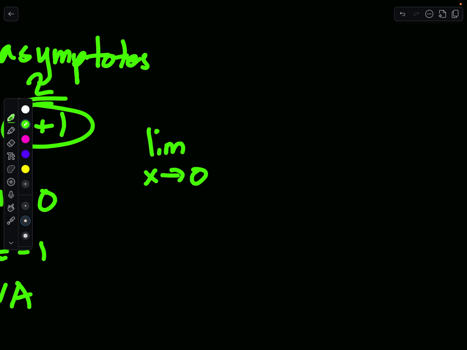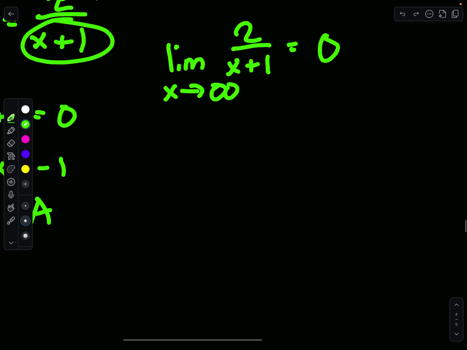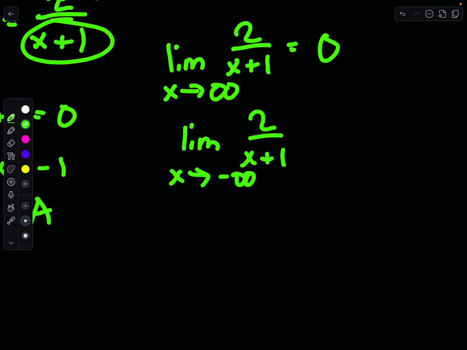The limit as x approaches infinity of 2 over x plus 1 is going to be equal to 0, because the denominator is going to get increasingly large, and since the degree of the top is 0 and the degree of the bottom is 1, by definition, this will go to 0. And from the left-hand side, as x goes to negative infinity, this will also just go to 0.